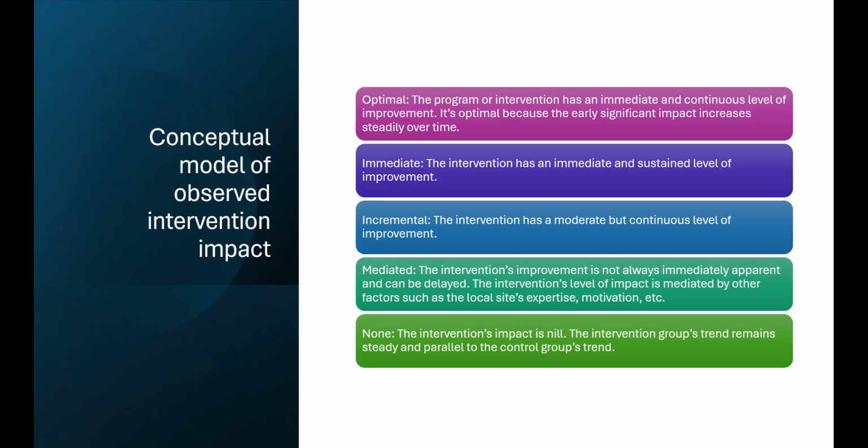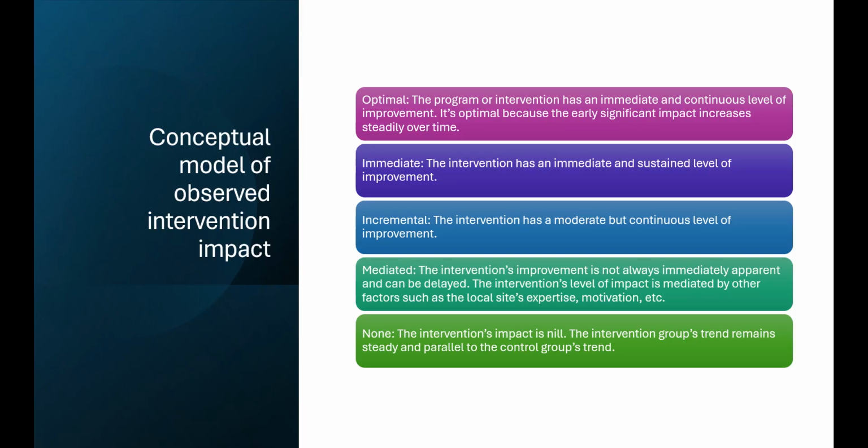Sometimes we might see our program or intervention impact happen later on. And so we might have different examples of what success or program impact looks like. It may happen sooner, it could happen later, but we want to be aware that we have different types of impact, and that may ultimately affect how we do our analysis.